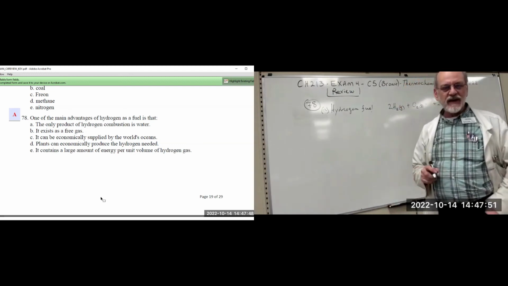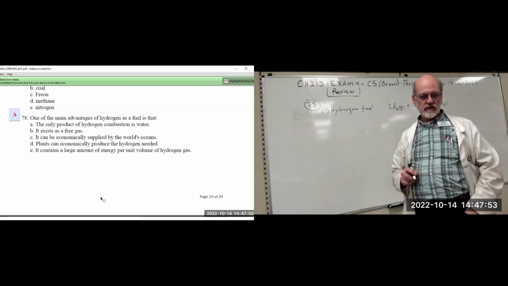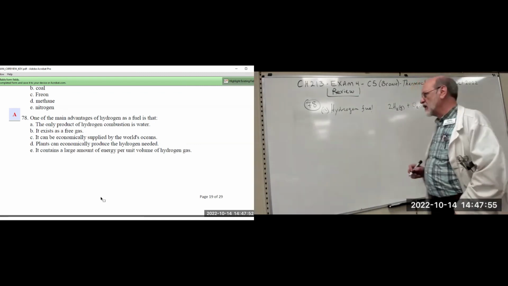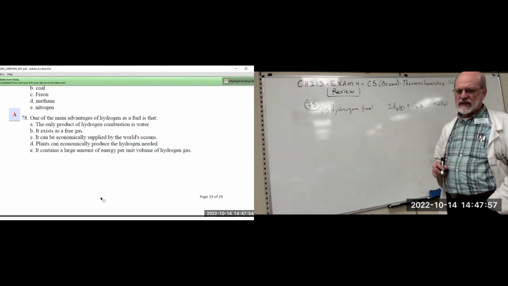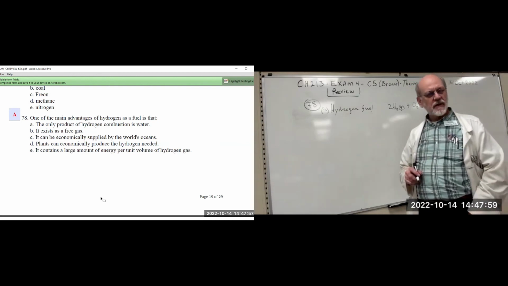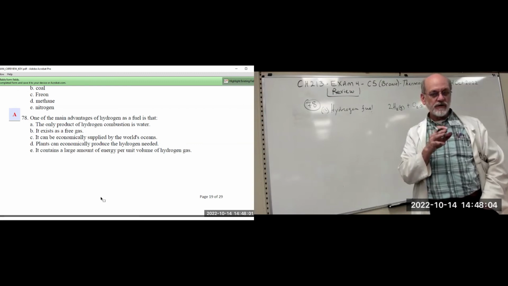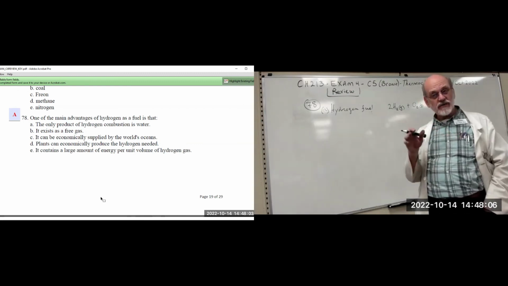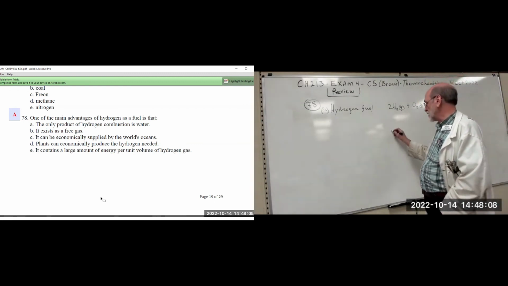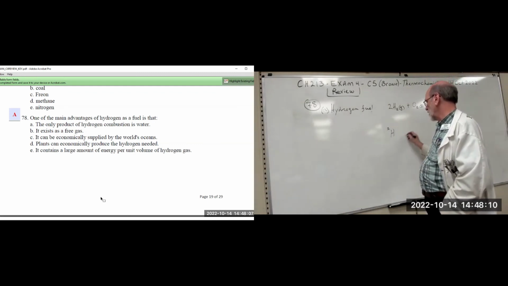C, it can be economically supplied by the world's oceans. Well, that's sort of an advantage, but what we're getting at with supply by the world's oceans is not hydrogen, but deuterium or tritium.